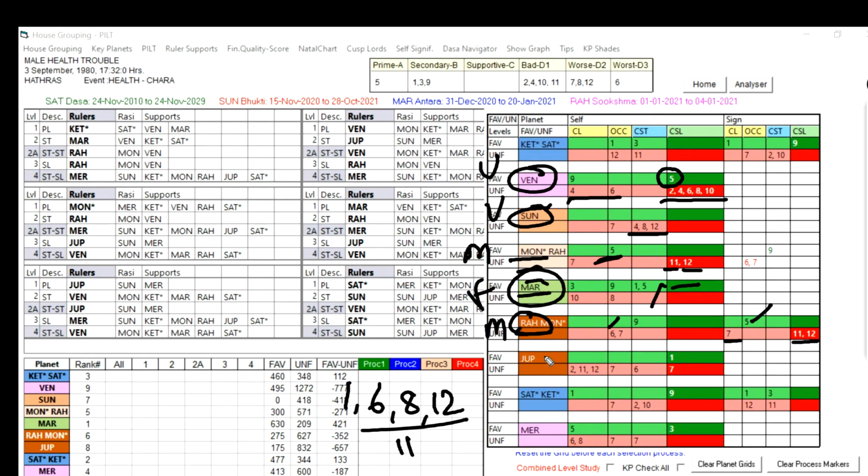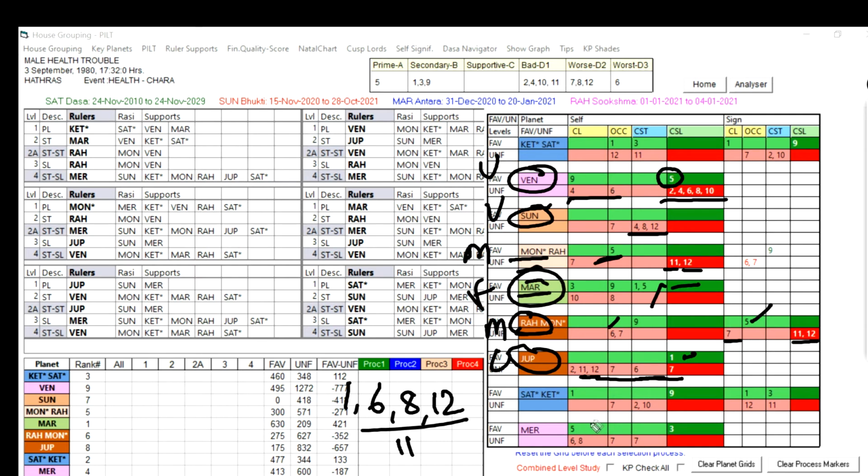Then comes Jupiter. Of course, Jupiter is having the 11th house, that is the Badhaga house, 12th and 7 and 6, and Lagna cuspal sublord also. So Jupiter is unfavorable. Whereas Saturn, Lagna lord, 9 sublord, 7 to 10, has got mixed signification. So we cannot take Saturn as unfavorable.